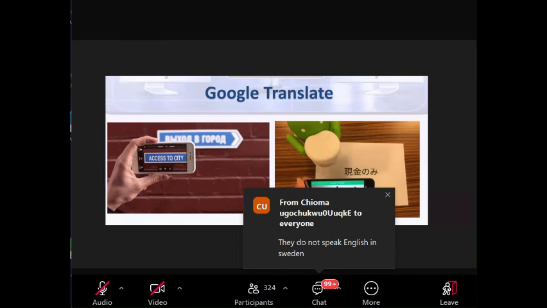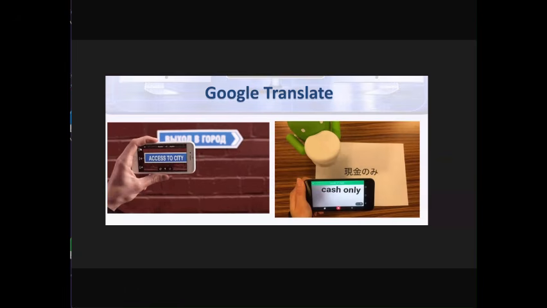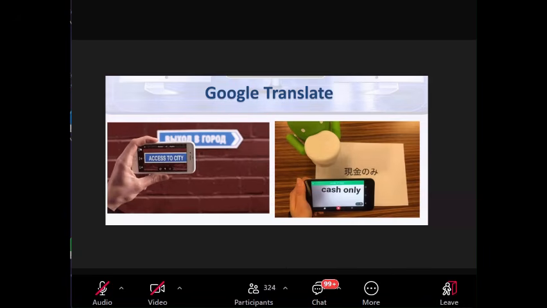English, no. So what has helped me in most of these places is I would have to find someone like me, a Nigerian or a Ghanaian or someone that is black skin. Most likely they will speak English, but the natives oftentimes will not.